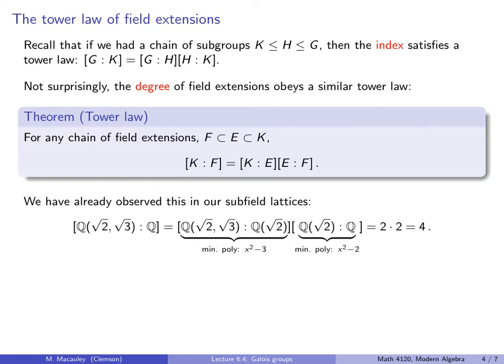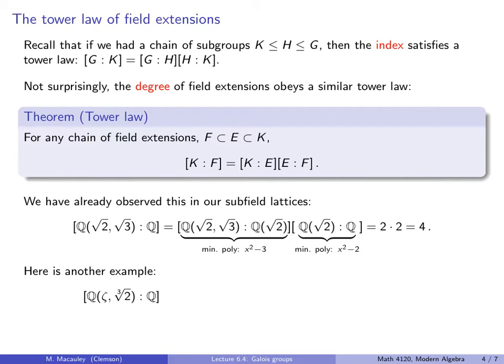Namely, starting at Q, if you adjoin a root of x squared minus 2, you get Q adjoined root 2. And then from here, if you adjoin a root of x squared minus 3, you get the big field. So the degree of this extension is 2 times 2, which is equal to 4.